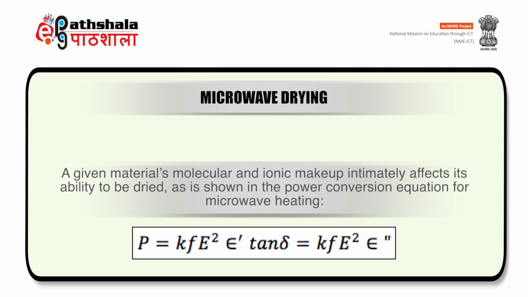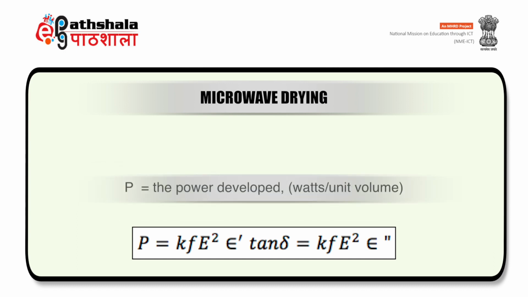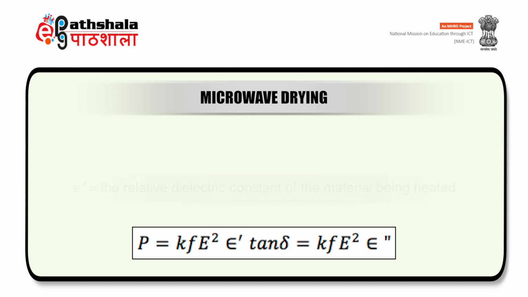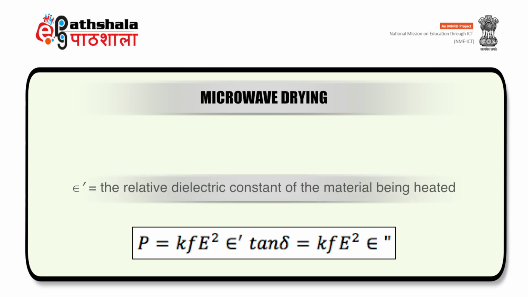This equation is being shown on the screen, where P is the power developed, K is the constant, F is the frequency, E is the electric field strength, epsilon prime is the relative dielectric constant of the material being heated, tan delta is the loss tangent or dissipation factor of the material, epsilon double prime is the loss factor of the material.